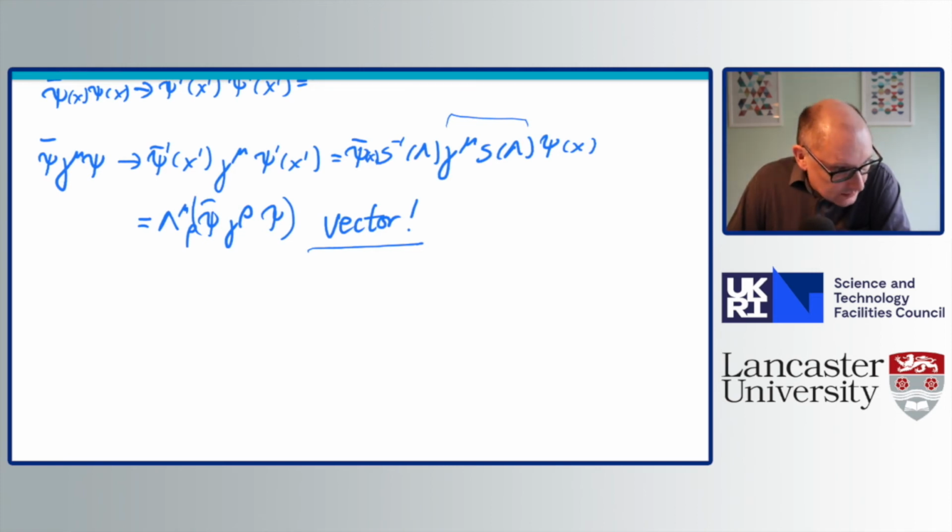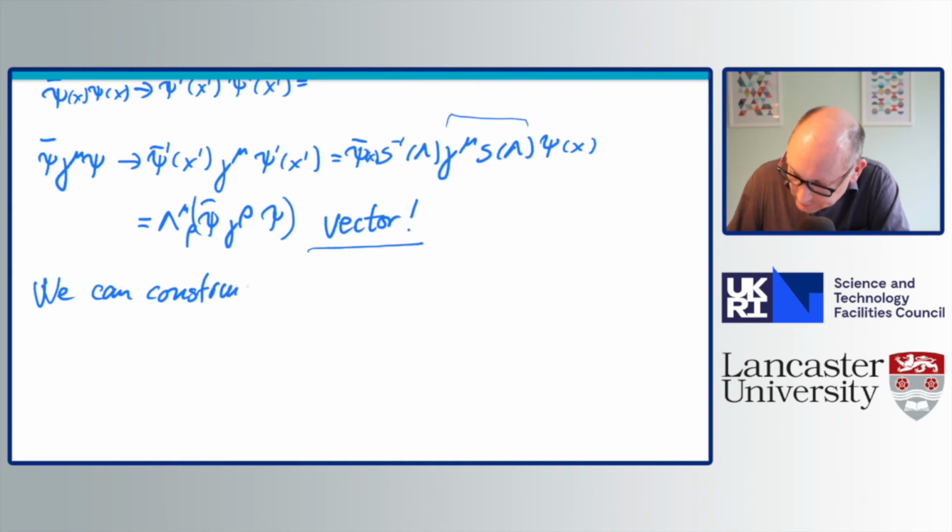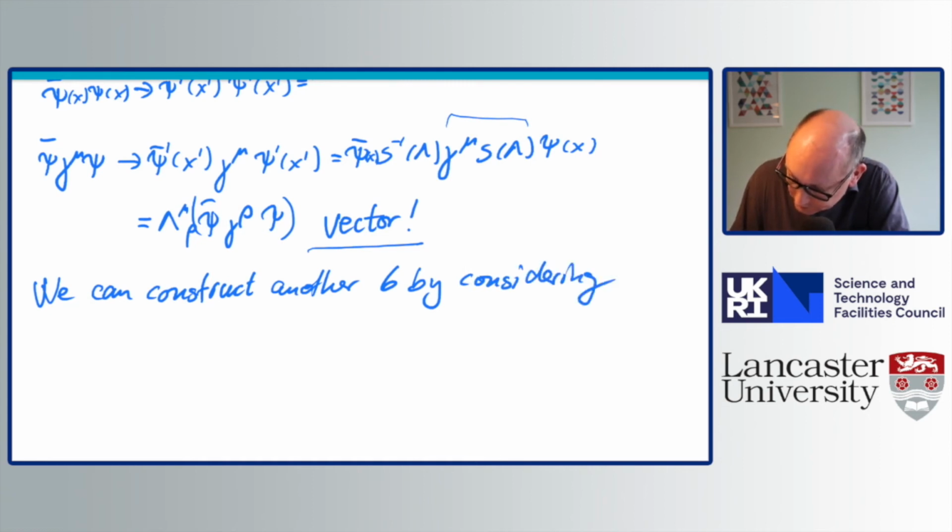Good. So we constructed the scalar and 4 quantities for μ equals 0, 1, 2, 3 now. We could construct some more. We need 16. And we could construct another 6 quantities by considering what we call σ^μν, which is the normalized commutator between γ^μ and γ^ν.